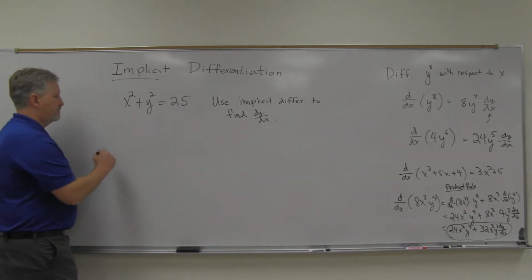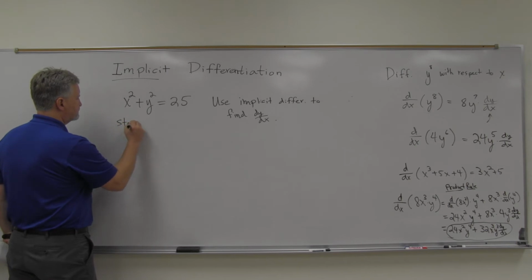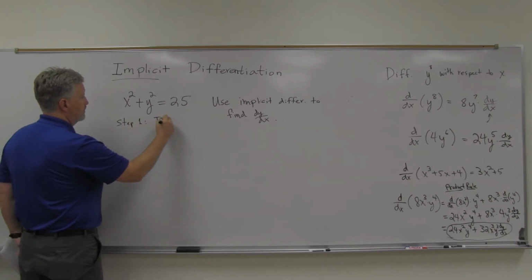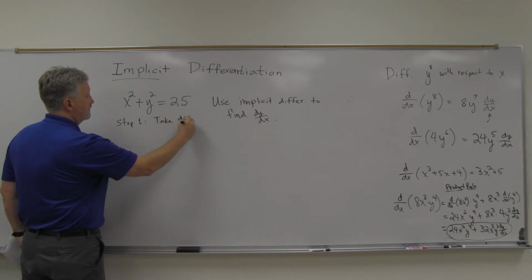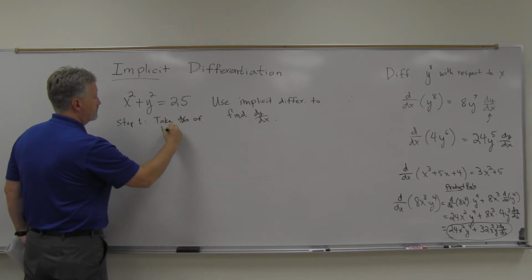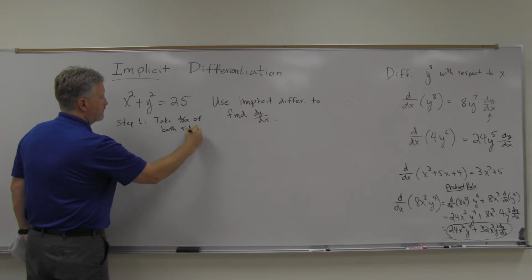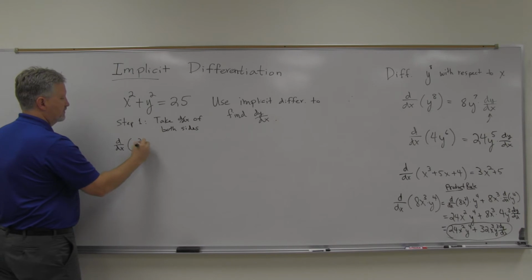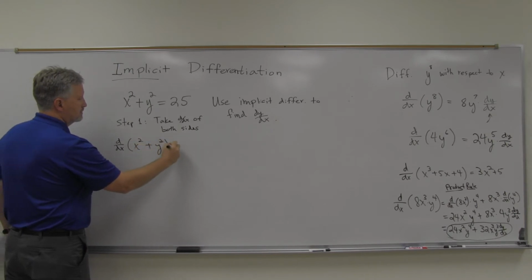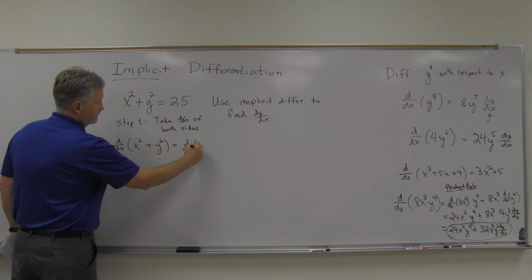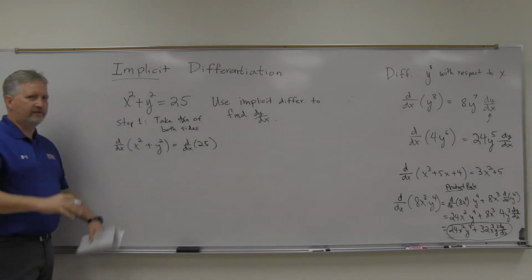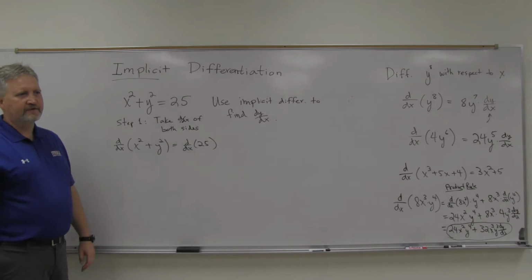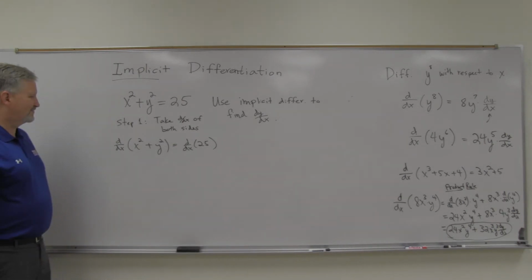So here's step one. Step one is take the d dx of both sides. For implicit differentiation, take the d dx of both sides. Like I said, I'm writing all the steps out here. We can condense some, combine some as we get more accustomed to this.